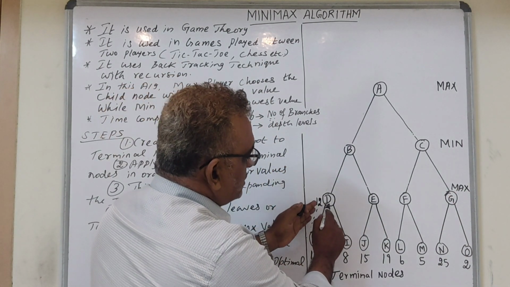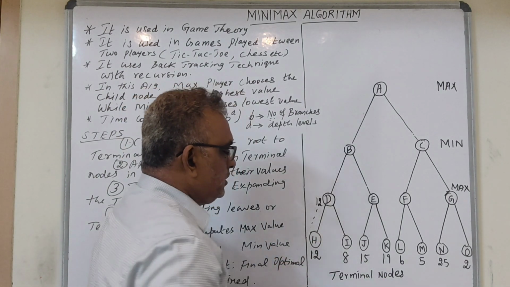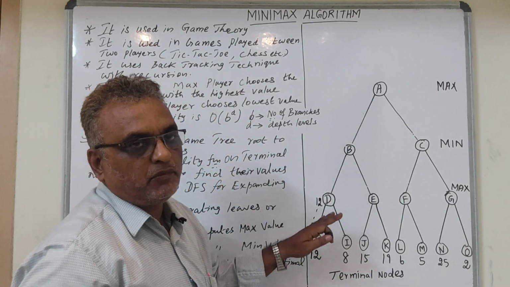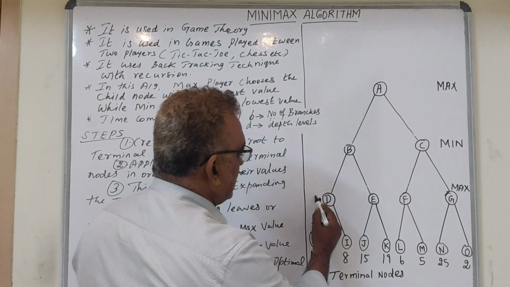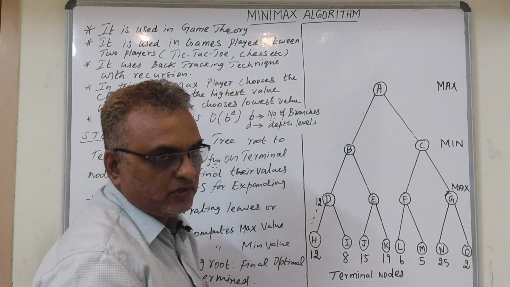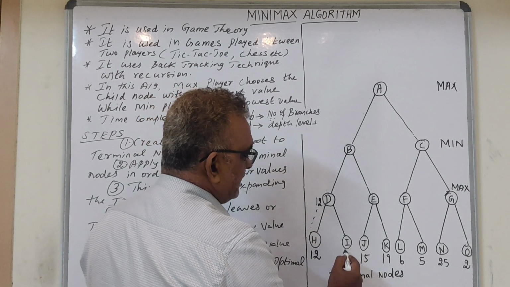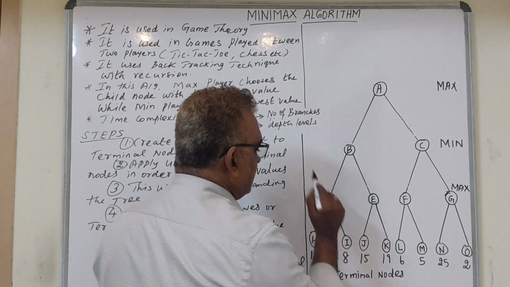So it will check the next node: the value 12 is compared with the value of node I, which is 8. So 12 is greater than 8, and automatically this 12 will be retained here.